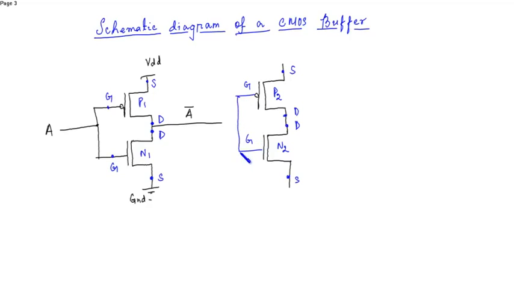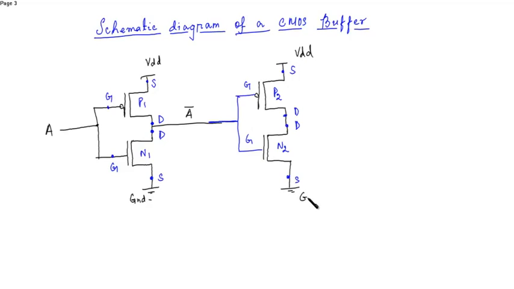If we join these two gates, this gives the input of the second inverter. This is also connected to VDD.